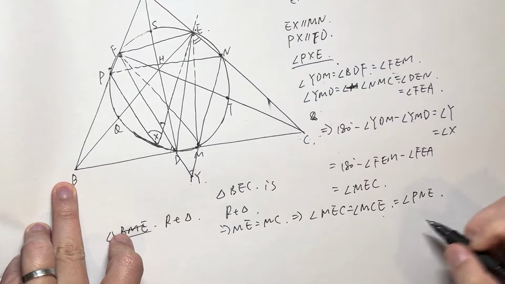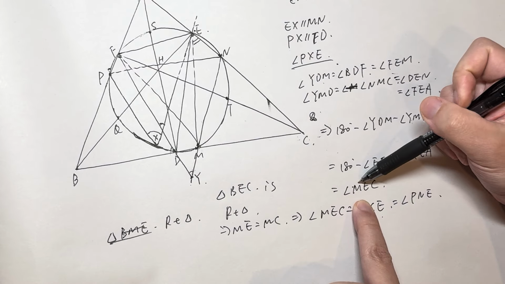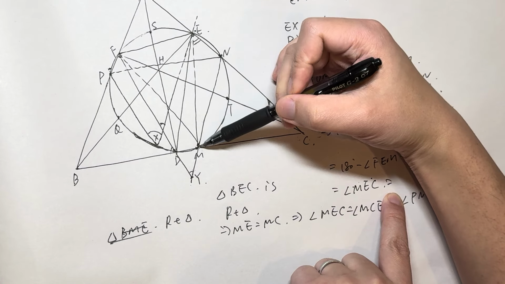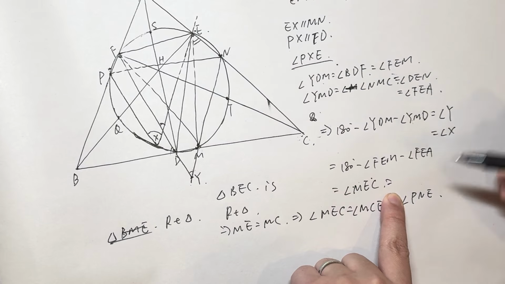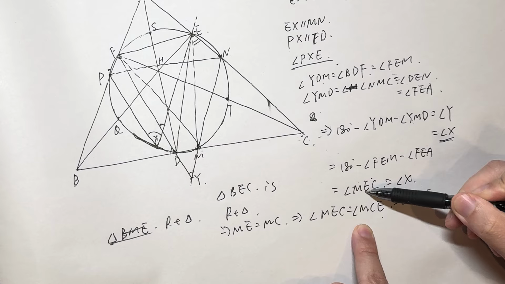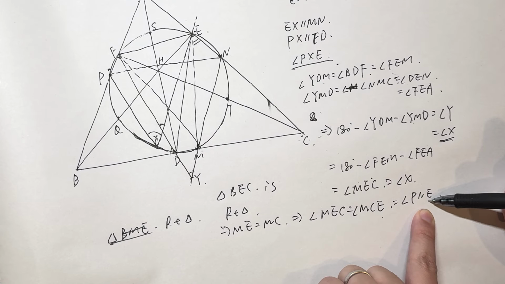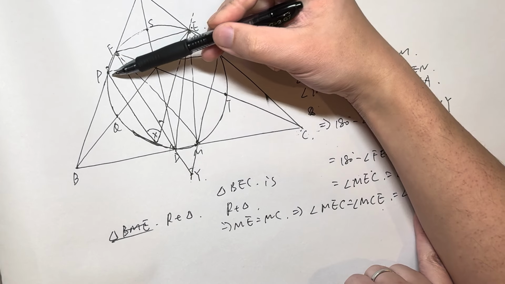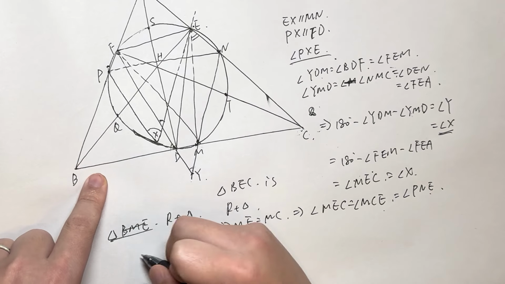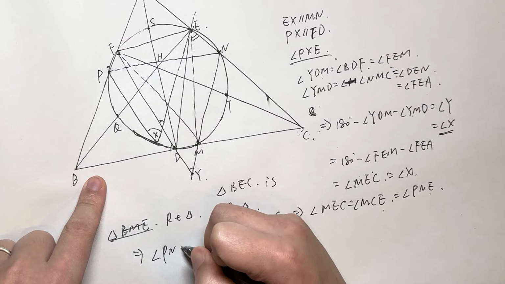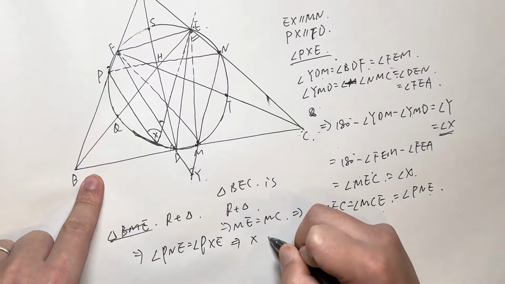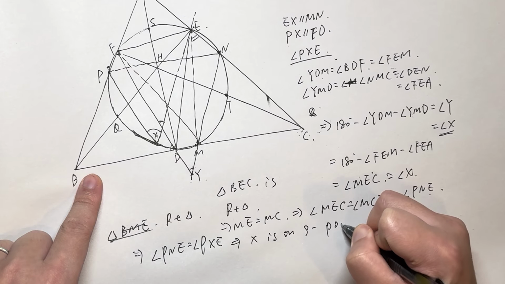So now we know that the angle MEC equals angle X, right? This one equals angle X. And also MEC equals angle PNE. So we know that angle PNE equals X, which means angle PNE equals angle PXE. So we know that X is on the 9-point circle.